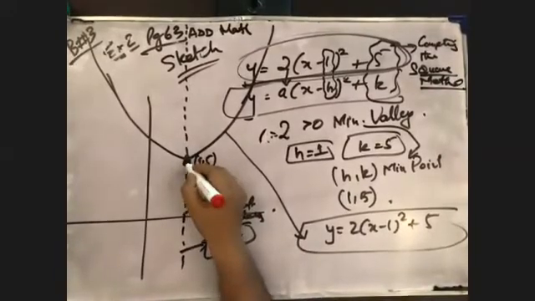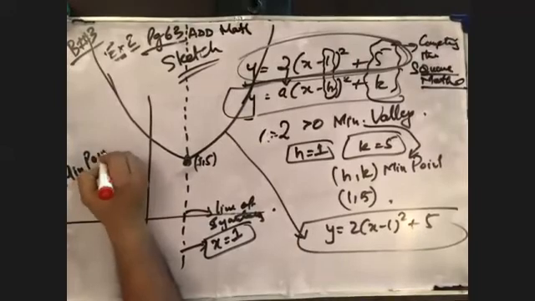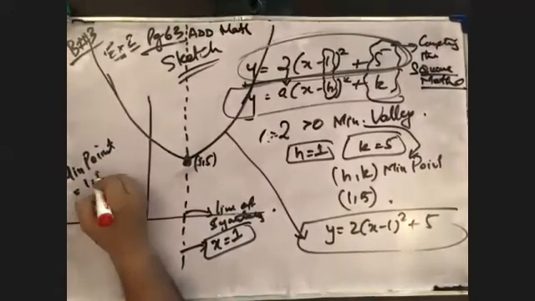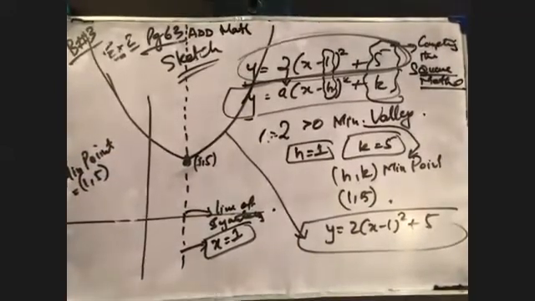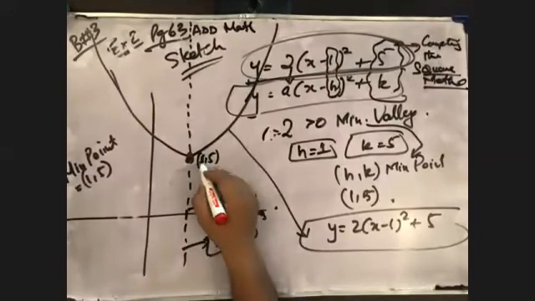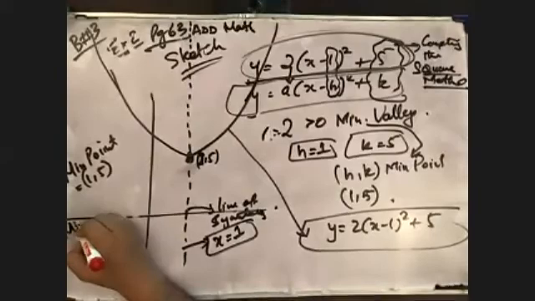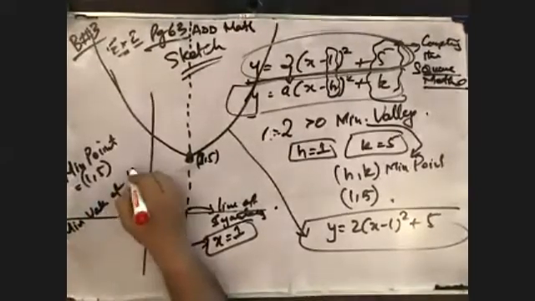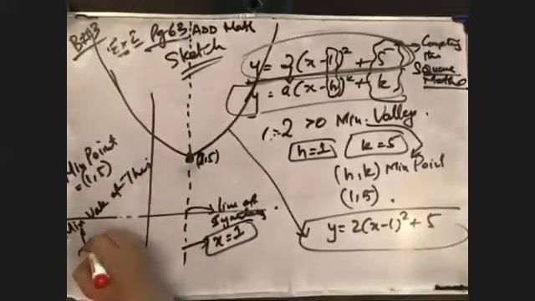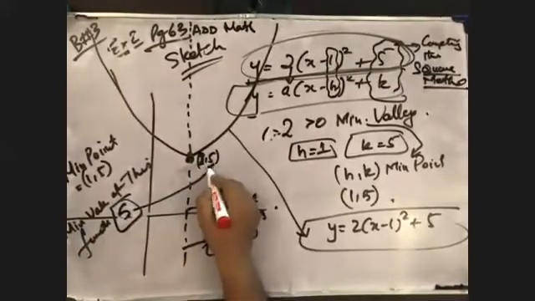If I ask you what is the minimum point, you say the minimum point is 1 comma 5. If I ask you what is the minimum value of this function, then you say the minimum value is 5, the y value.